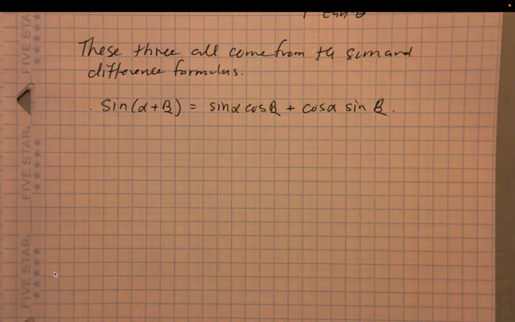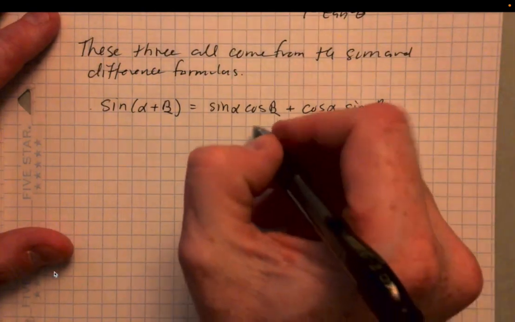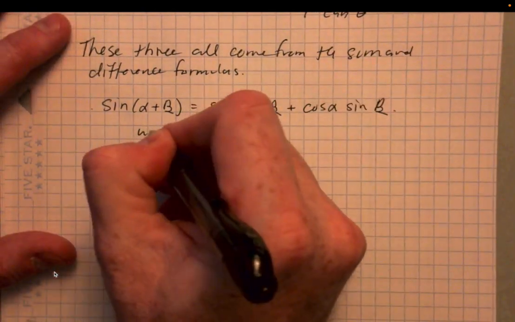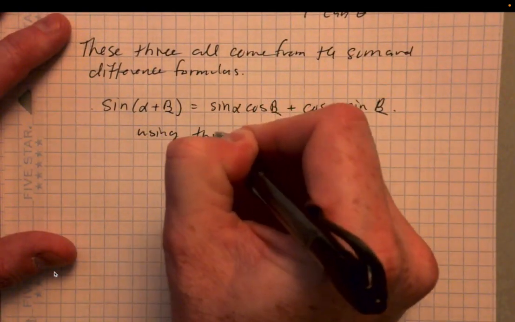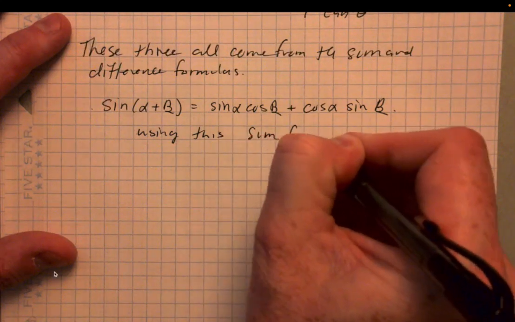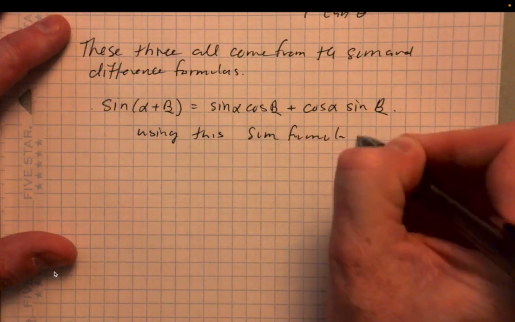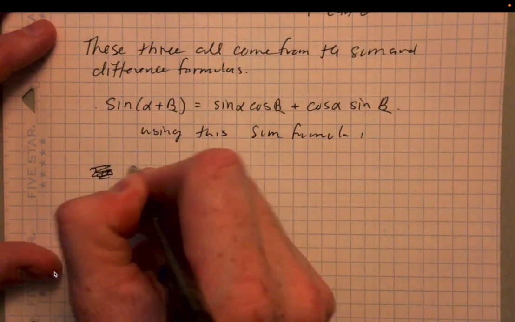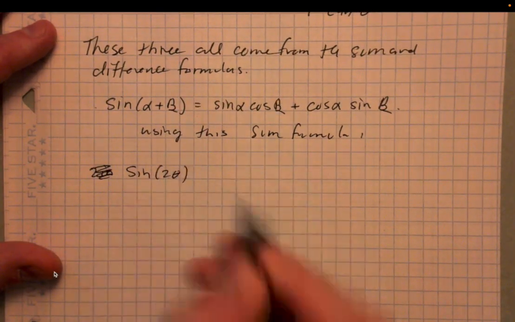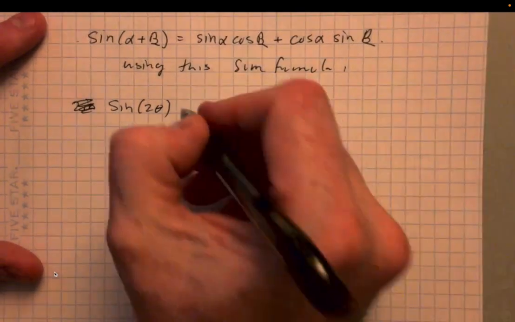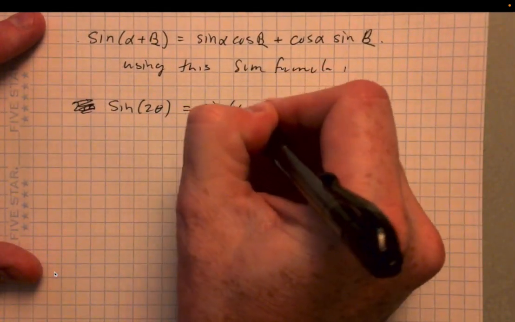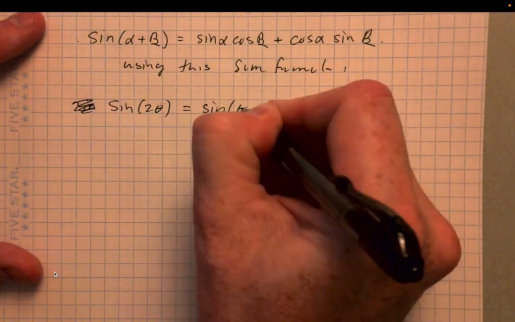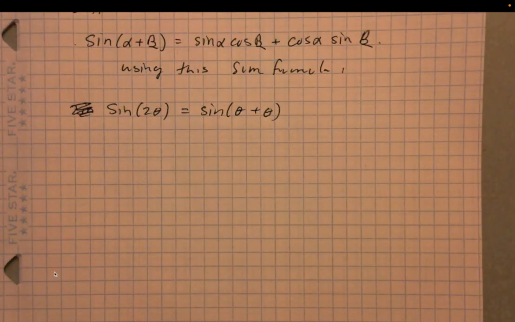So this is the sum formula for the sine. Using this sum formula, we can say the following: sine of 2 theta is just equal to sine of theta plus theta. That's pretty simple.